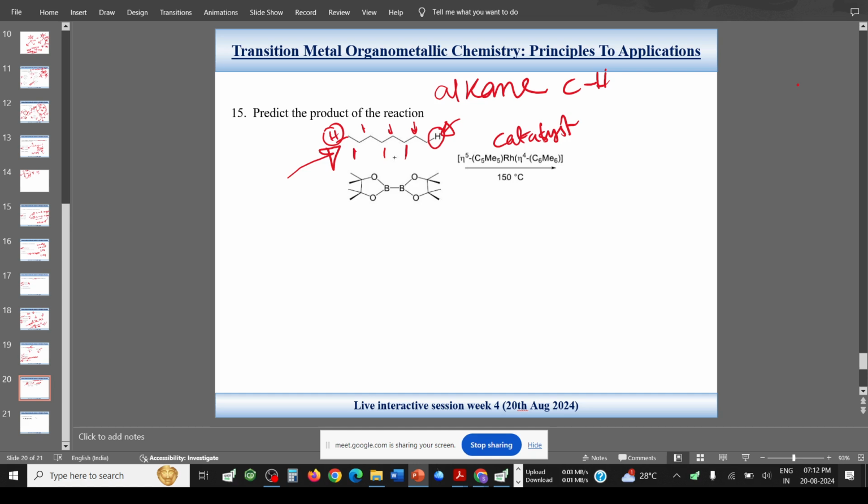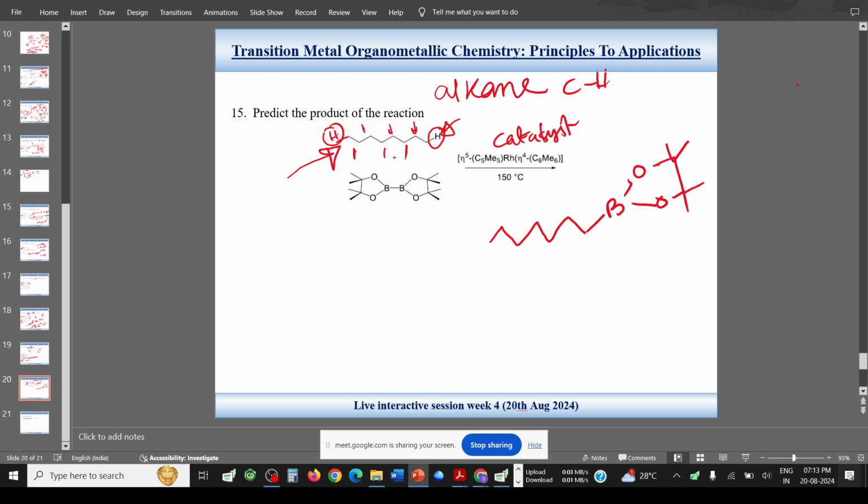From this long chain, with boron and oxygen, this ester will form.